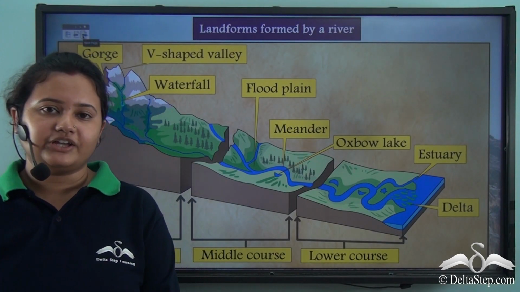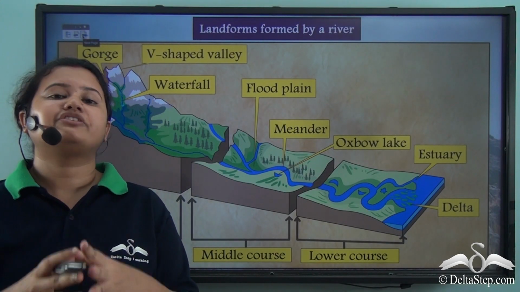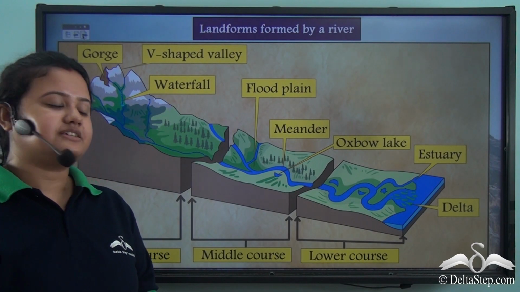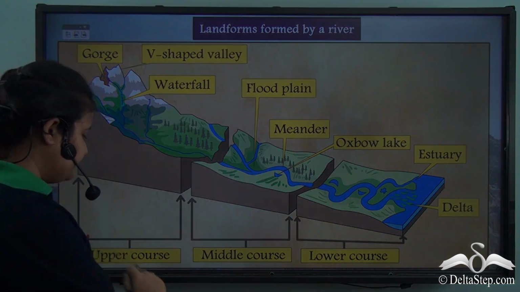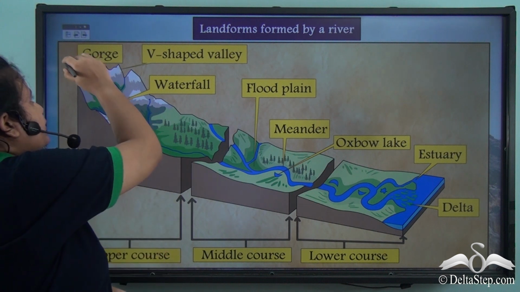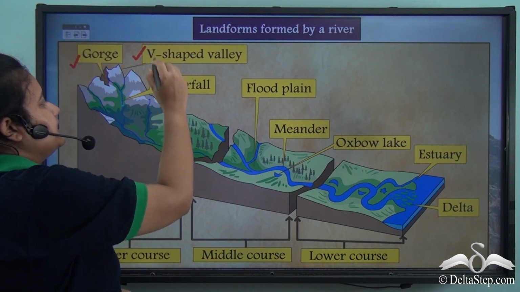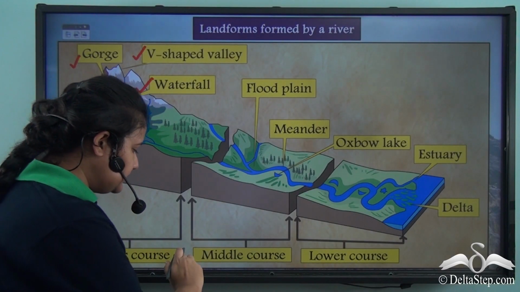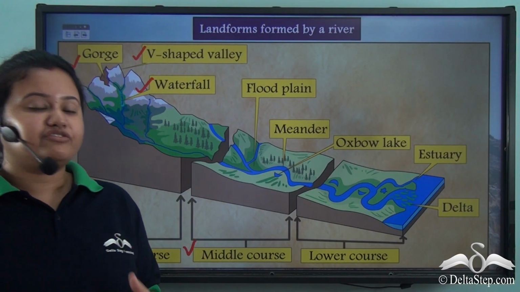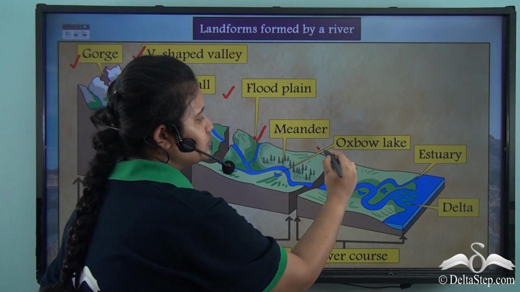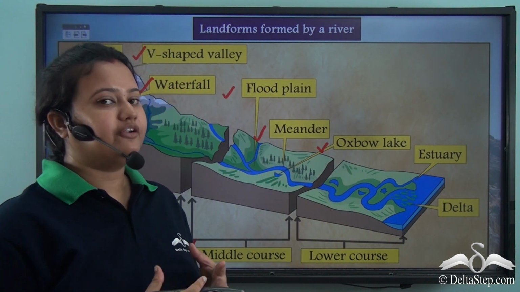So in today's video, we read about different landforms found in each stage of a river. Initially, we started our lesson with the upper course of a river. So in the upper course, we read that gorge, V-shaped valley, waterfalls are found. Secondly, in the middle course, we find that floodplains, meanders and oxbow lake are formed by a river.